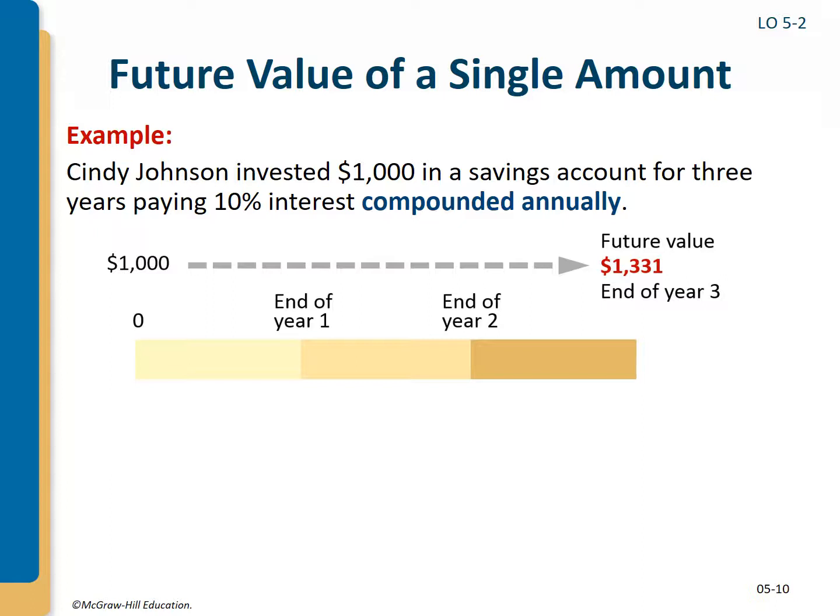Now, number of periods doesn't mean years, and interest rate doesn't mean annual interest rate. In this case, it will, because our interest rate is only compounded once a year. But if it was compounded more than once a year, say it was semi-annual, we would divide that 10% by 2 and use the 5% column.